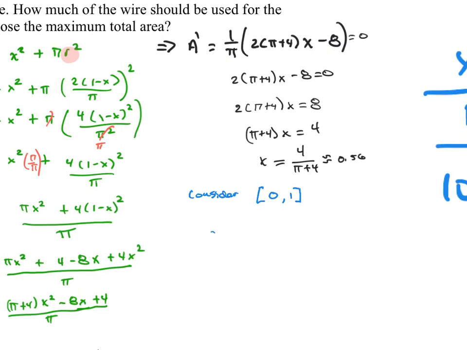You plug in the x values and any critical values into the original function. Again, this is x squared plus pi times 2 times (1 minus x) over pi, quantity squared. Again, there was a lot we could have done and plugged that in a different place. It doesn't matter which place you plug it into, but that was the idea: I'm plugging x into there.